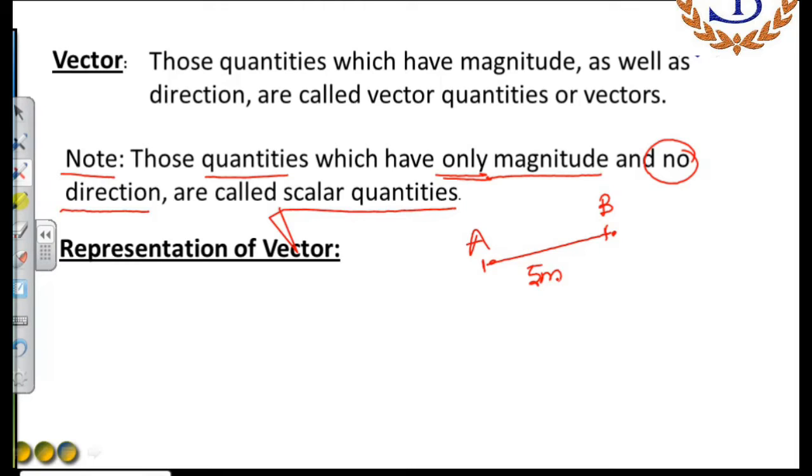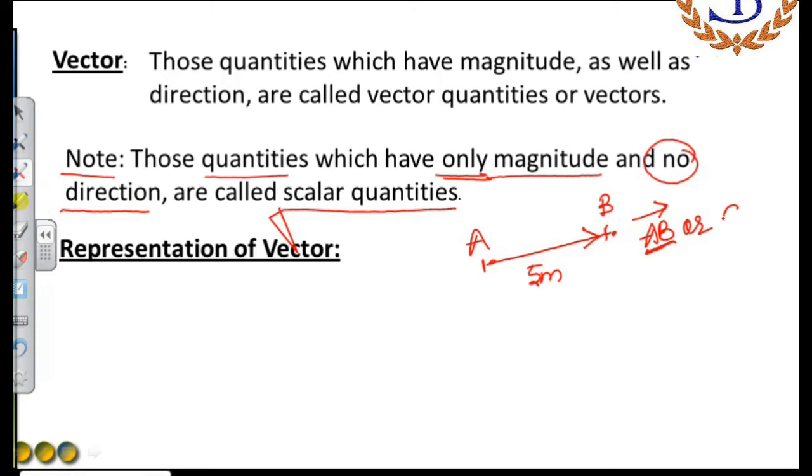But if I mention the direction of this AB by putting an arrowhead here, now this represents a vector having a particular direction. So we can represent a vector by putting an arrow over the quantity.